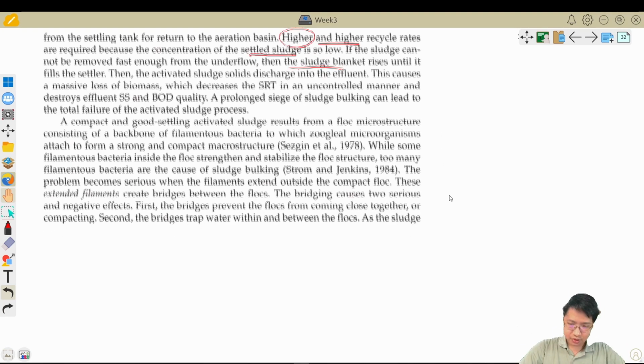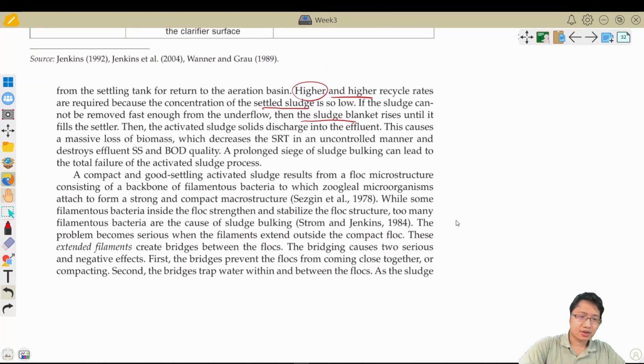As we just mentioned, the zoogloeal microorganisms contribute to the EPS release, which acts like glue to attach all the bacterial cells together into aggregates and flocs as the activated sludge.